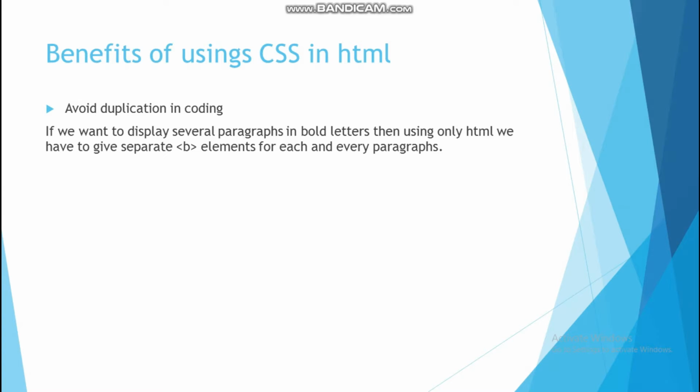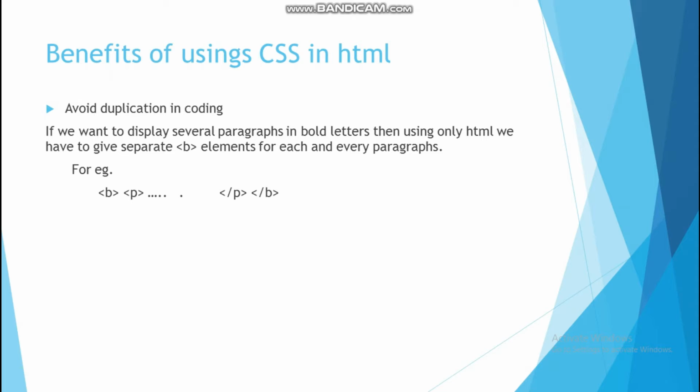Now benefits of using CSS in HTML. So suppose the first one, avoid duplicating in coding. If you want to display several paragraphs in bold letters, then using only HTML we have to give separate B tag, means B element, for each and every paragraph. For example, suppose there is one paragraph, so we have given P and slash P tags here.